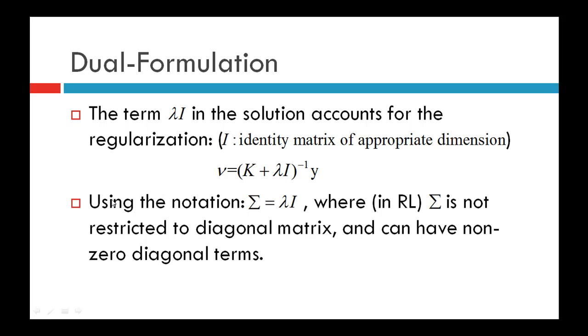So we will use the notation sigma, which represents lambda times I, in the kernelized value function approximation algorithm. The sigma is not restricted to a diagonal matrix, that is, it can have non-diagonal elements as well.